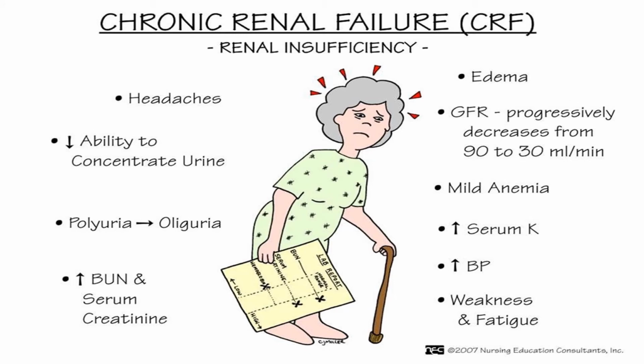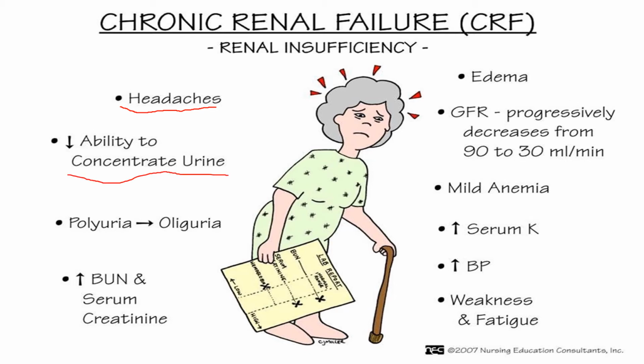Now we're going to talk through some of the things that you can get in chronic renal failure. These patients can get headaches because you're not filtering things like ammonia and creatinine, and they can cause you to have a sore head. You can have a decreased ability to concentrate urine.